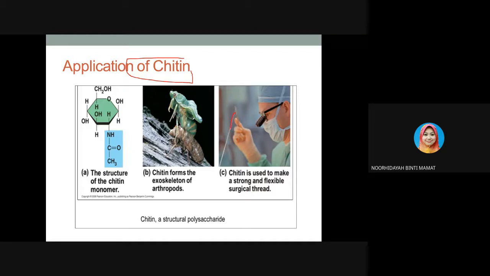So this is the application of what we learned about the structure of the polymer: when monosaccharides join one to another, they can become chitin, which can be used as a surgical thread.